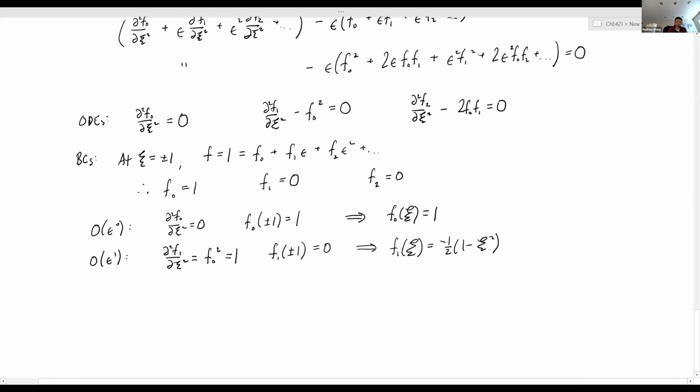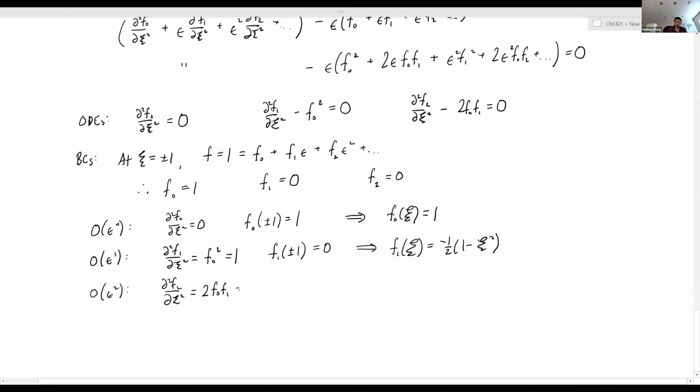And then you can do the same thing at order of epsilon squared. I'm not going to do it, but basically you solve this differential equation with these boundary conditions, and you plug in what we know from these already. F0 here is 1, and F1 is this guy right here.